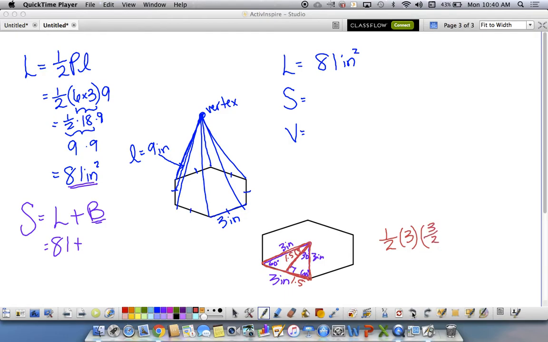Times, it's not the whole height, the square root of 3. That's that 1.5 square root of 3. That's the same thing. This is one triangle, equals the area of one triangle. So, if we keep doing this, half of 3 times half of 3 is 9/4.